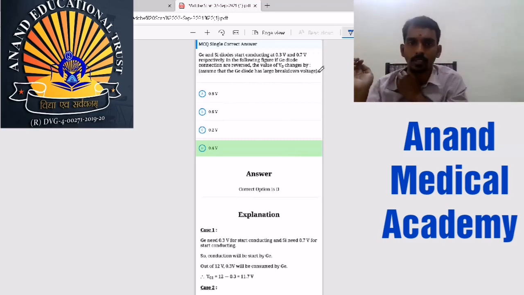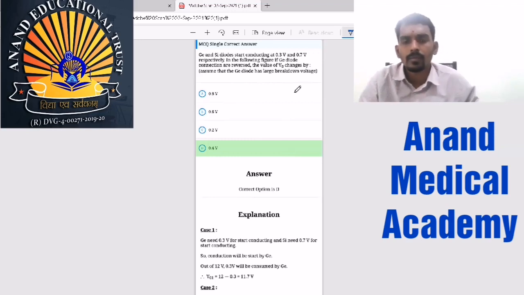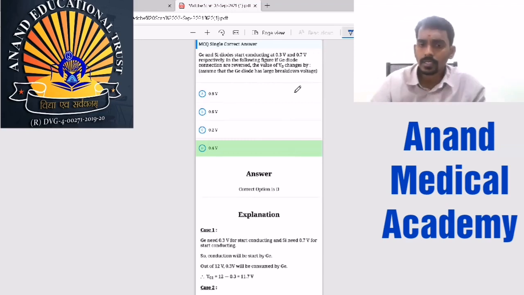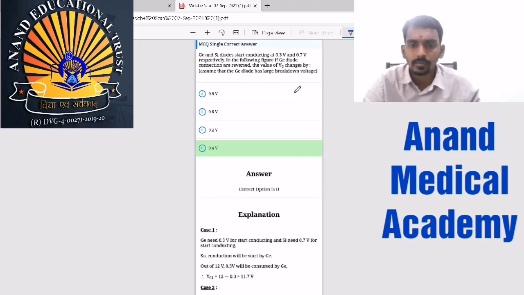So for germanium it is 0.3, for silicon 0.7. In the following figure, oh sorry, I missed the diagram. See, the concept is all about when you apply some minimum voltage or more than that, then only it will activate. I mean, it will start conducting. That is what.